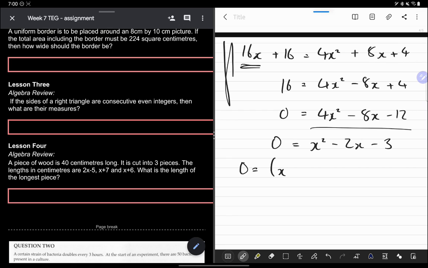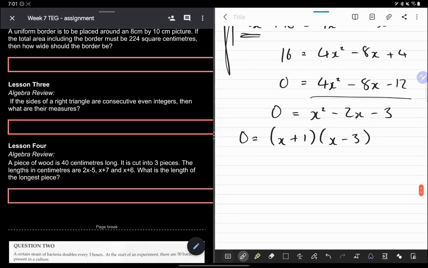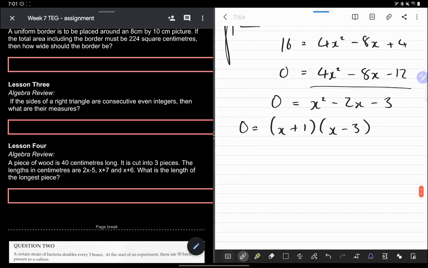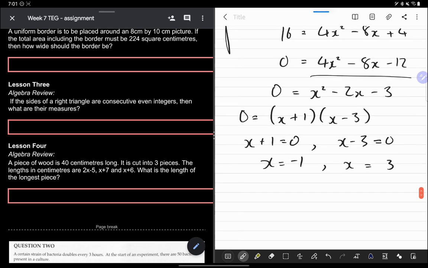We think of two numbers that add up to -2 and multiply to -3. So I'm going to go with +1, -3. If I add them up, I get -2. If I multiply them, I get -3. Cool. So for that to equal 0, it has to be the case that either that bracket is 0 or this bracket is 0. So we're saying x is either or both, depending on what your situation is. Oops, not a -3, a +3.